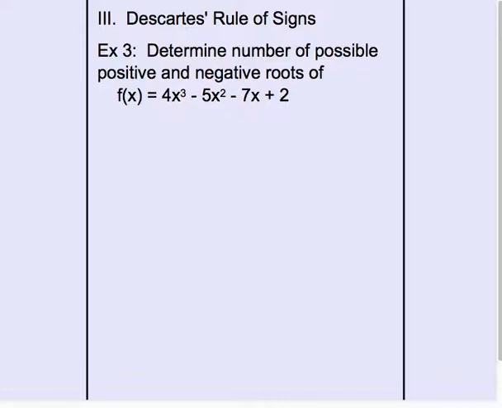So maximum number of positive roots, you look at the function as given. I will list all of the possible numbers of positive real roots that this function has. Again, we're looking for sign changes. Our first term is positive, and it changes sign to negative for the second term. So there's one sign change.